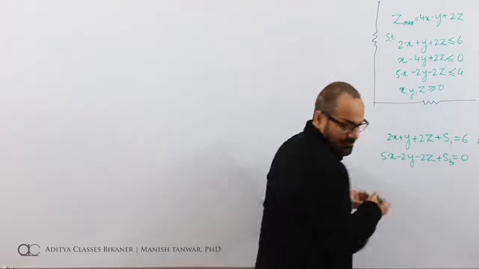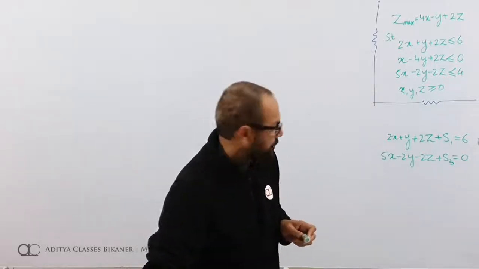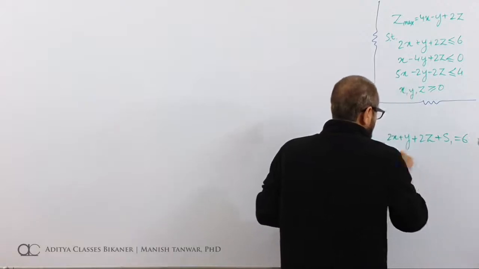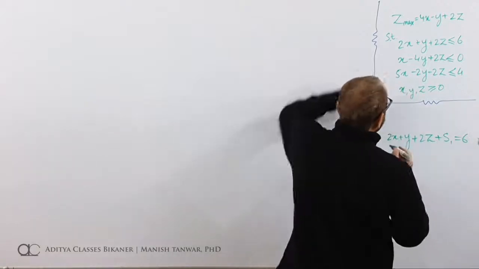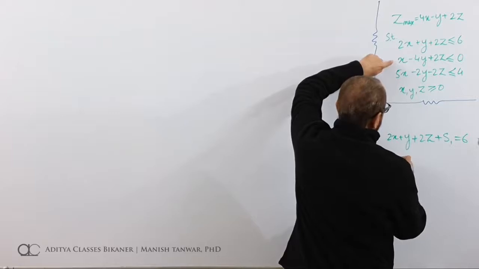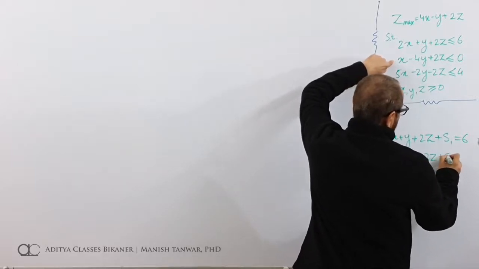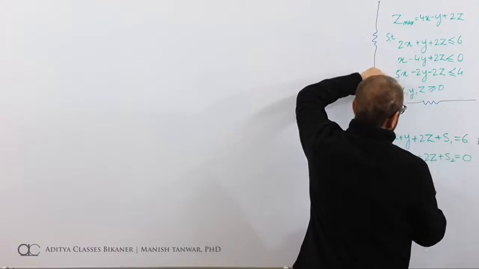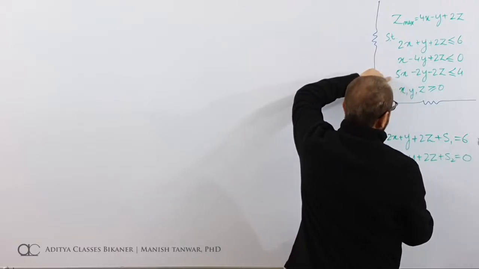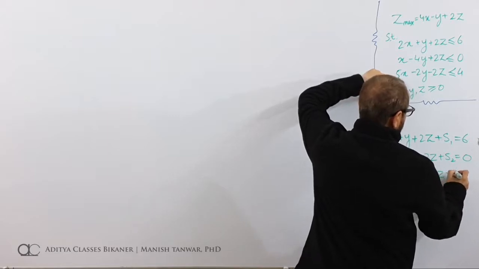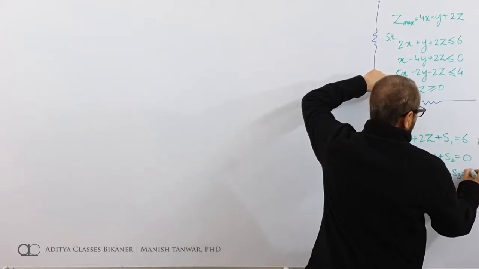And then I'll remove this, otherwise it will create confusion. This is third constraint. Second one is this, x minus 4y plus 2z plus S2 is equal to 0. Then we have 5x minus 2y minus 2z plus S3 is equal to 0.